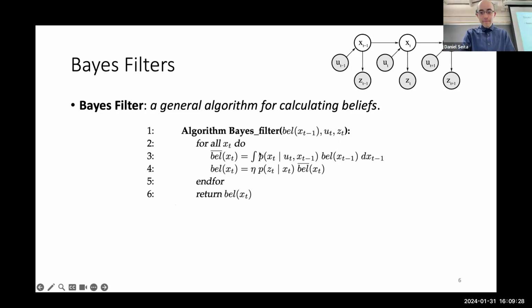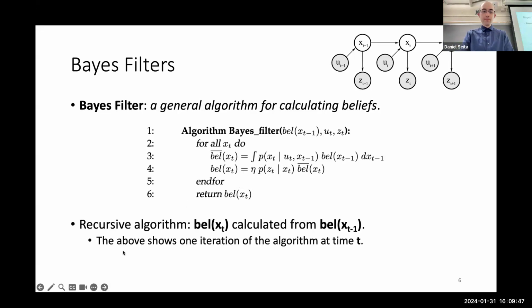And everyone remembers what the eta means here. It's eta, a Greek symbol. It's not estimated time of arrival. It's some kind of constant that makes it a probability distribution. So that's the recursive algorithm, which here we're just showing for one time step.